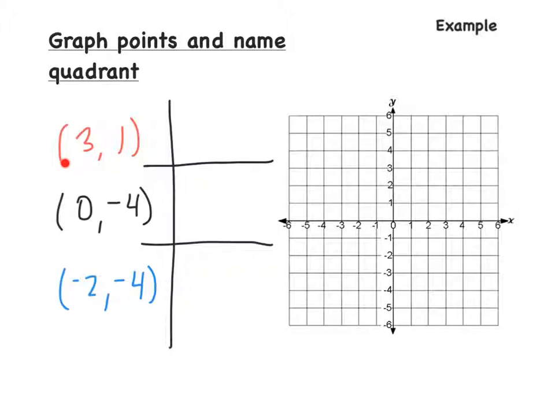So let's start off with the first one. We have 3, 1. Remember, 3 is first on the x-axis, 1 is second on the y-axis. So we are always going to start at the origin. Now 3 means we go to the right 3, then we go up 1. So our point is going to be right here.